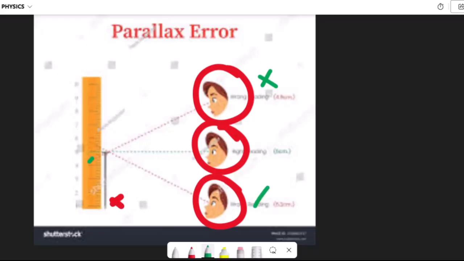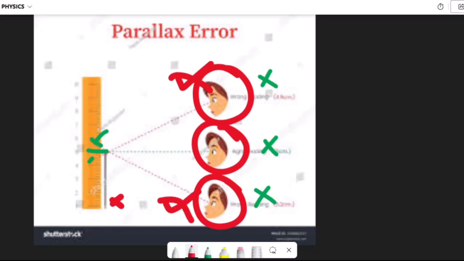If she measures from this angle, she's going to measure the height a little bit higher. But when she measures from the middle, she's going to get the exact height of the nail. So anytime she measures from here, which is actually wrong, or from here, which is actually wrong, that kind of error is called the parallax error.